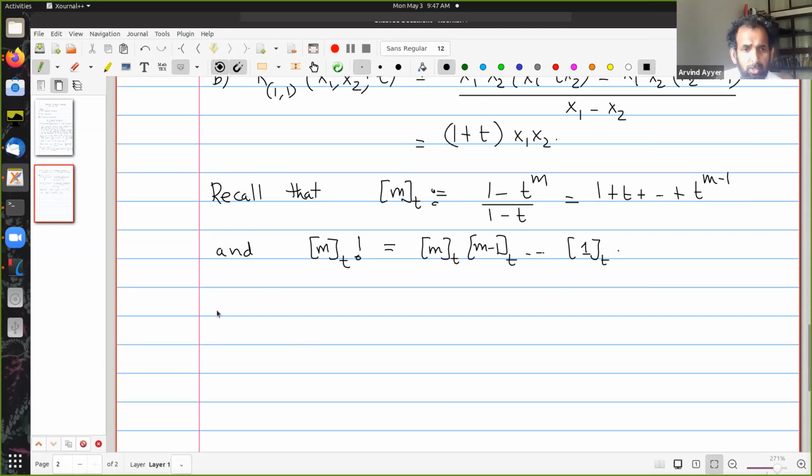Okay, so I know Amri has introduced the frequency notation for a partition, but I prefer to write it slightly differently.